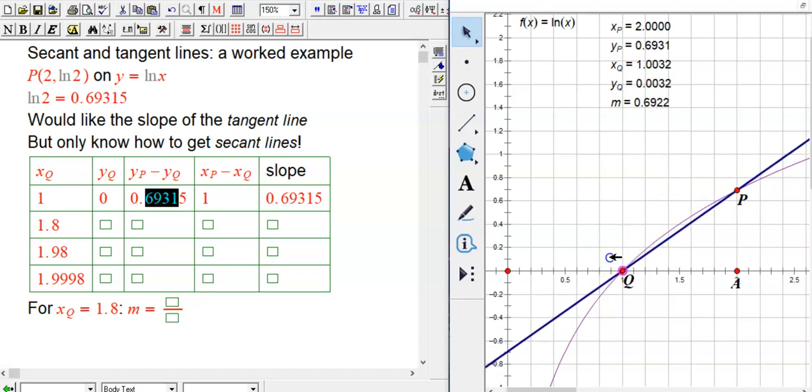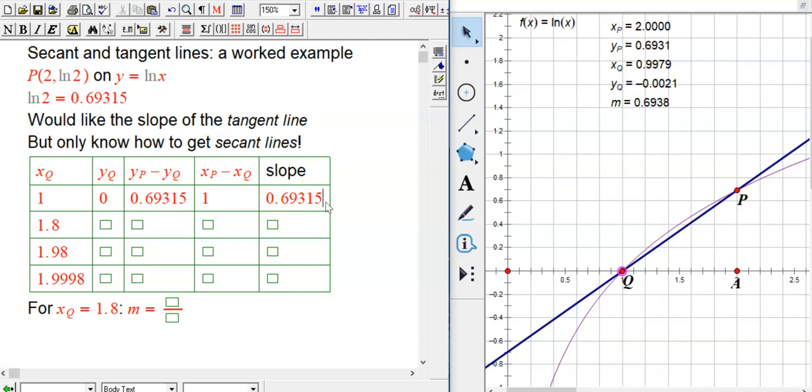The numbers are also simple if we start with Q equals 1. There, the y value at Q is just going to be 0, since log of 1 is always 0. We take the slope of that line: the difference in the heights, yp minus yq, divided by the difference in the x values. Here that's just 1, and so we get 0.69315.